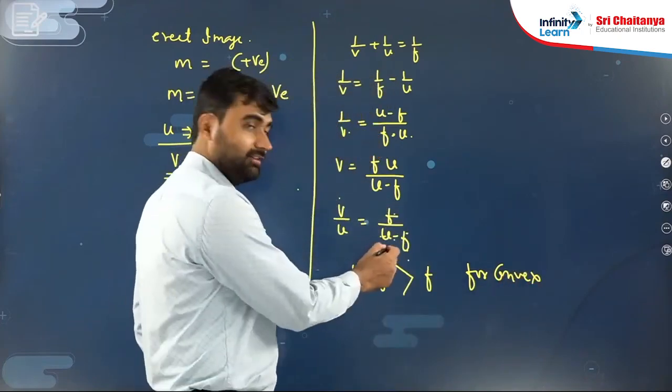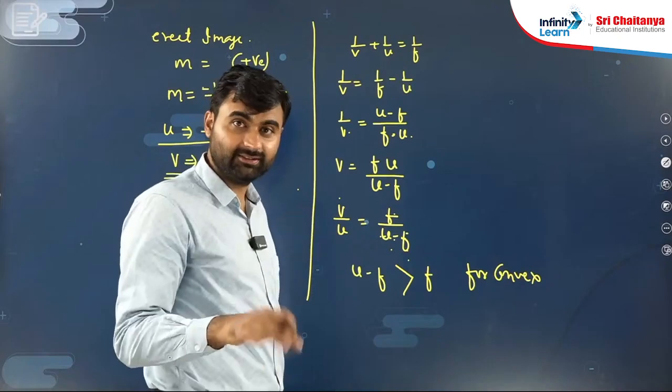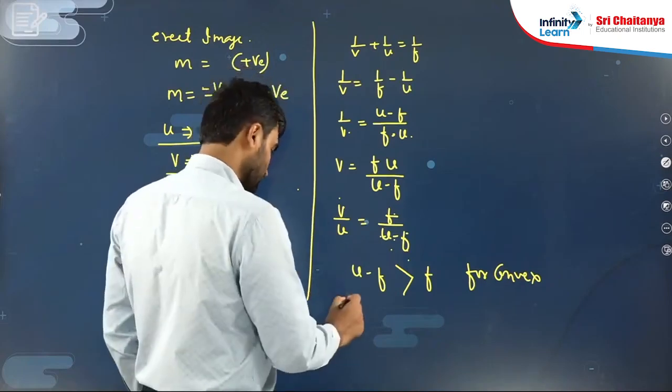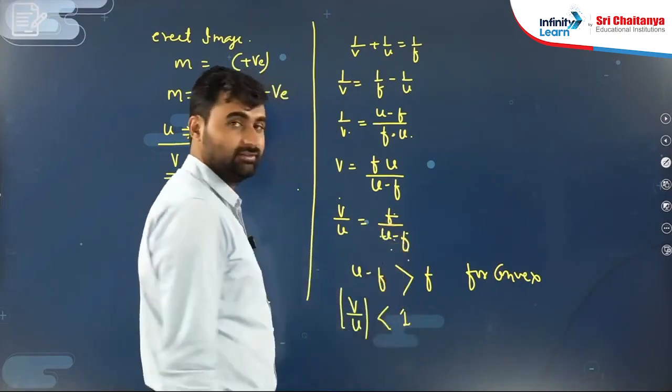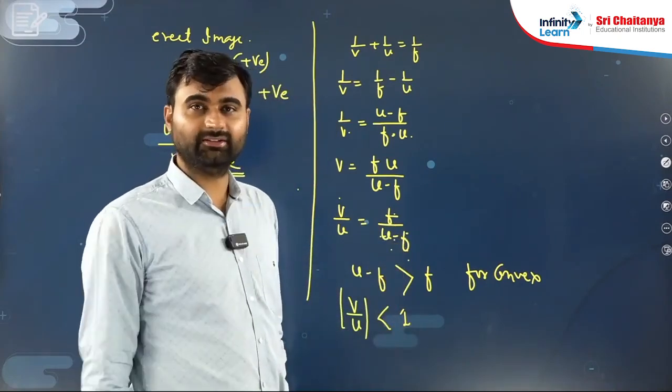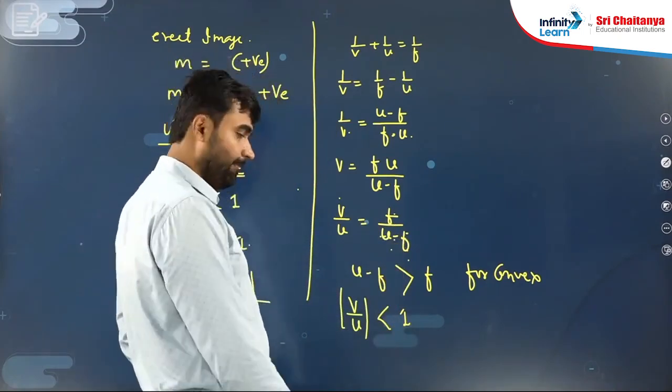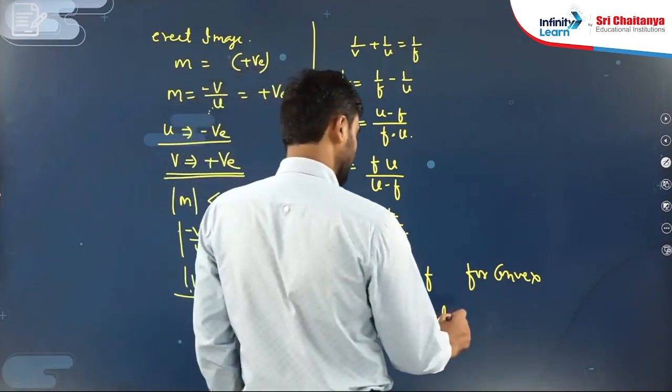If it is greater, then overall v by u is less. Right or not? So mod v by u is less than 1, meaning diminished image. Agree or not? So it means diminished image.